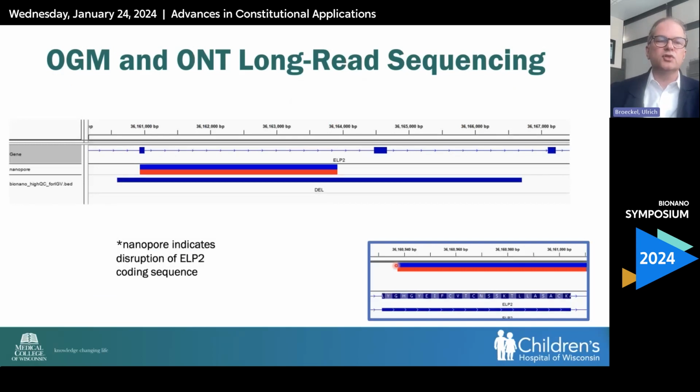But what I want to show you is one case where, on the lower side, we see the signal with optical genome mapping, which characterizes a region in a gene, ELP2, which we thought could potentially be relevant for the phenotype. And when we did long read sequencing in this case, we can really clearly pinpoint two potential breakpoints.